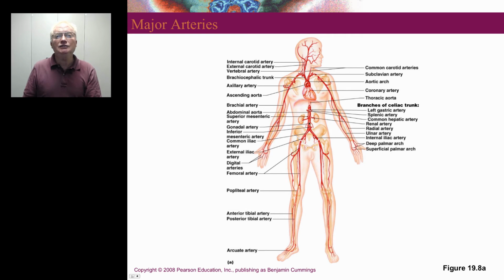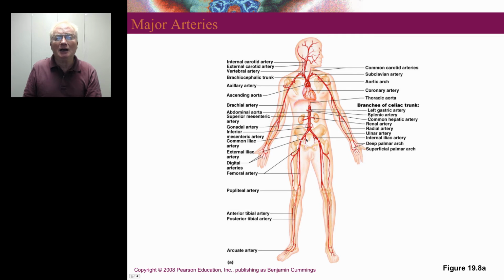That continues into the pelvis and splits into two large arteries, the common iliac arteries, one on the right, one on the left, and the common iliac artery then divides on each side into an internal iliac artery and an external iliac artery.